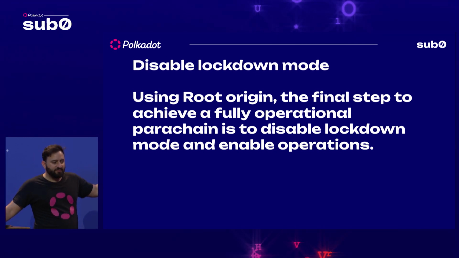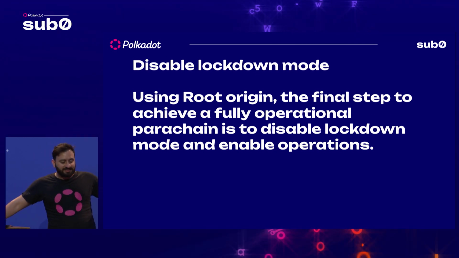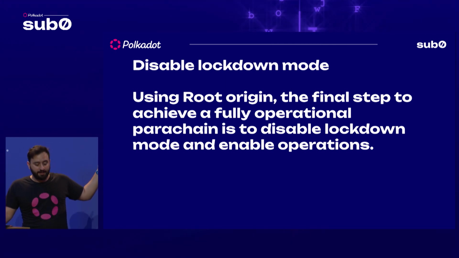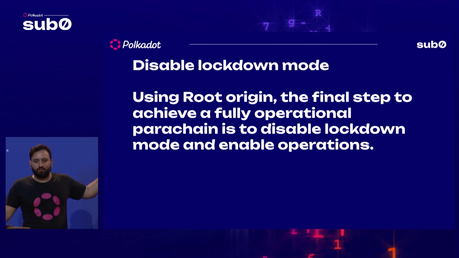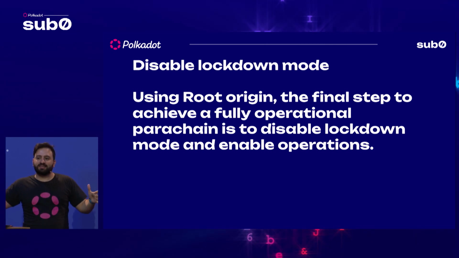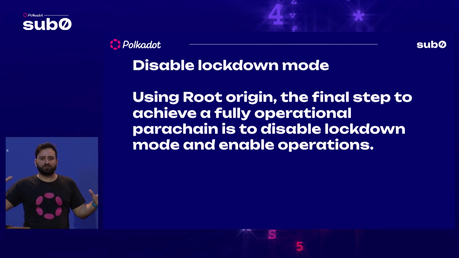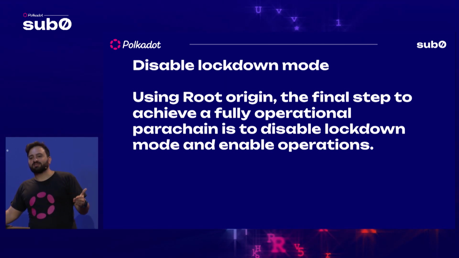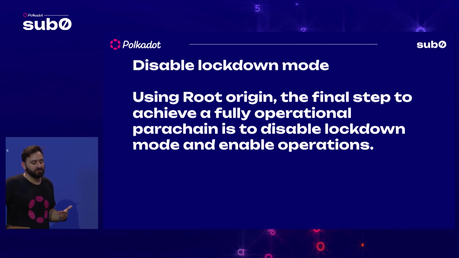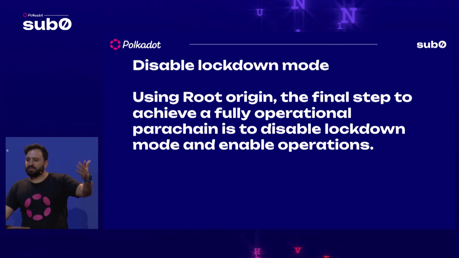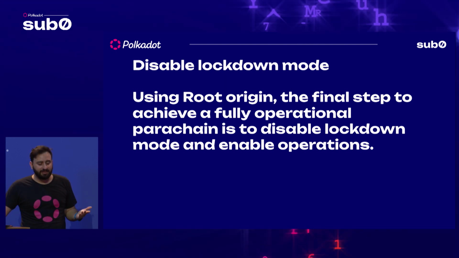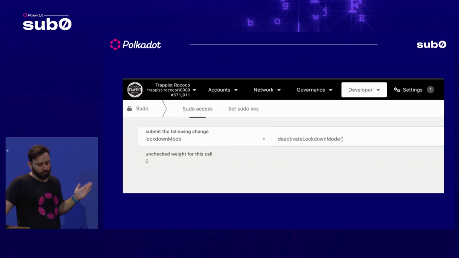And the very first time we did this, we disabled the lockdown mode. And remember, when we started the network, all the transactions were paused or filtered. In the first runtime upgrade, what we did was first upgrade the code base, and then by calling sudo with the multisig, we disabled the lockdown mode.